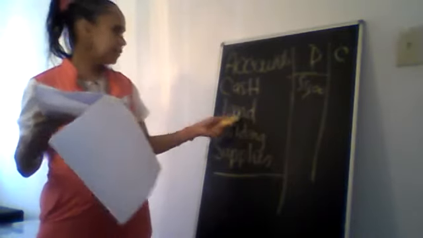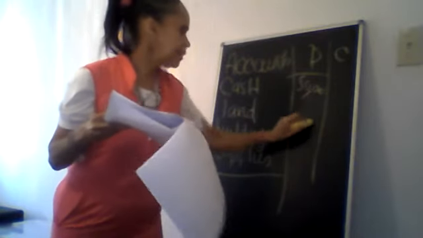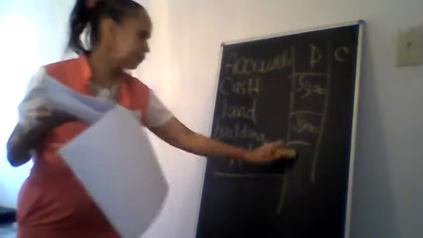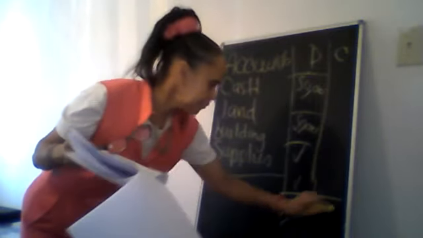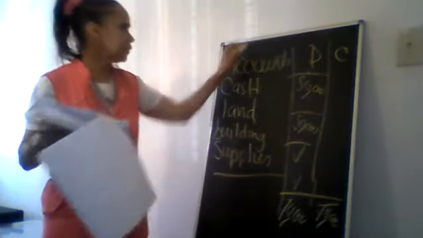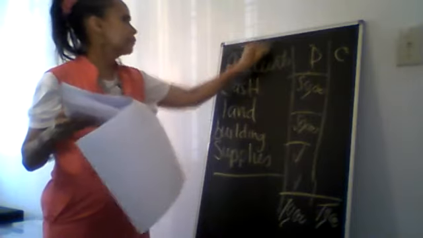And then you might have land. Land could be worth $50,000. You might have your building worth a certain amount, supplies. The idea is check your debits and your credits and make sure they equal. Say for instance, we might have 70,000 on both sides. So making sure your debits and credits equal. So this is just like a trial balance.